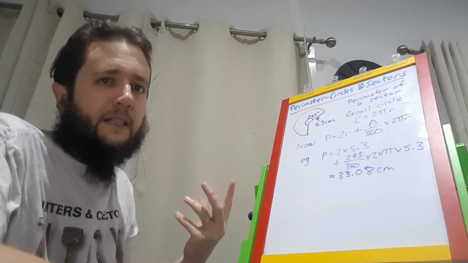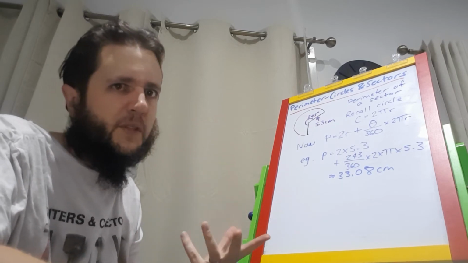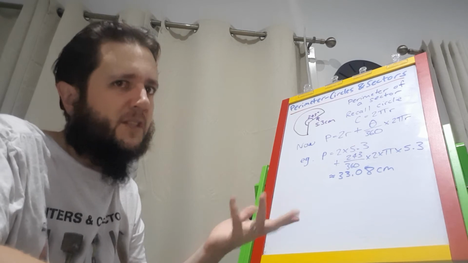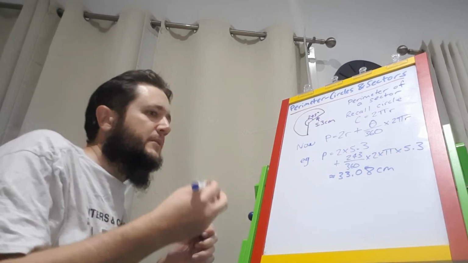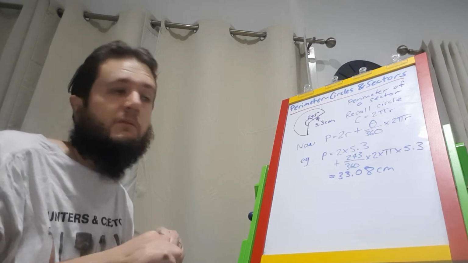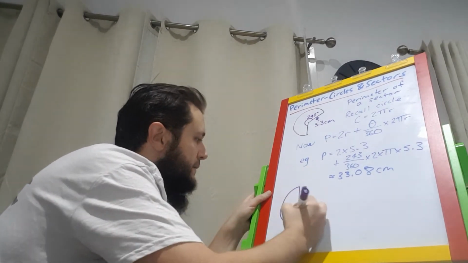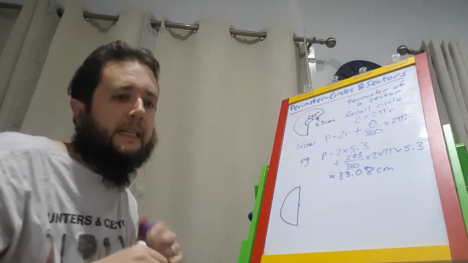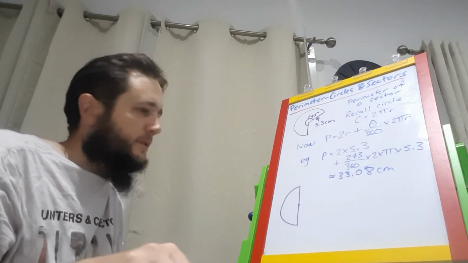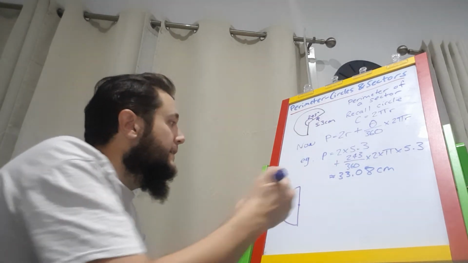As I said, exact values mean you can leave pi in your answer. That's the biggest consequence in terms of this. It's just leave pi in the answer. So I'm going to do a second example. I'm going to just do half a circle.